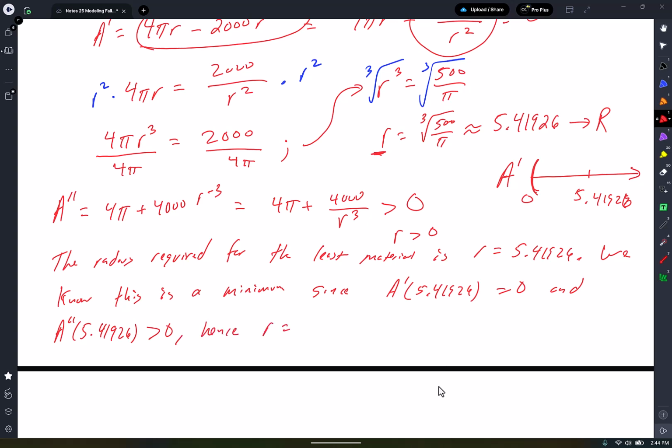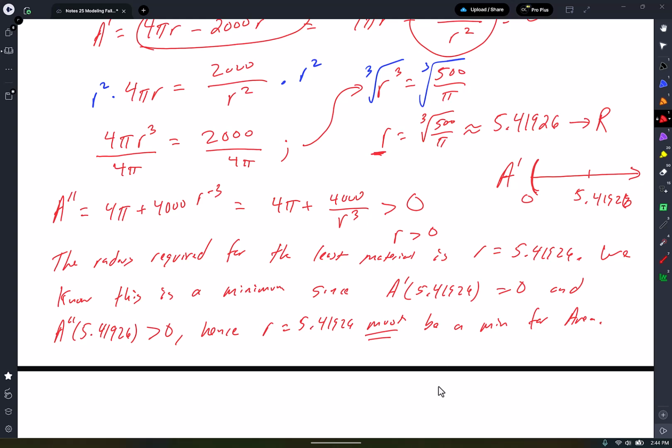Hence, r equals 5.41926 must be a minimum for area. On concave up, that critical point is 0. That critical point must be a minimum.